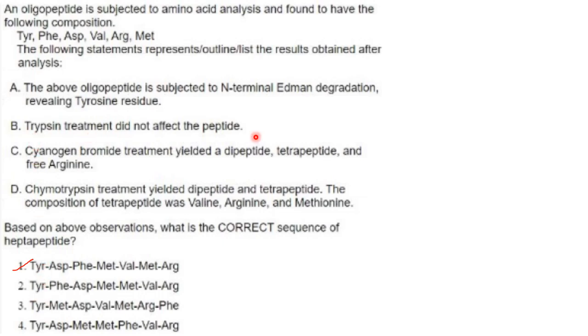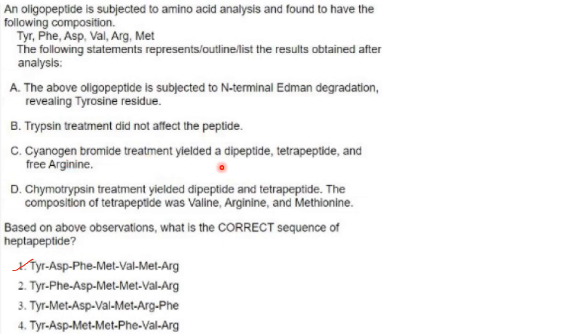Trypsin treatment did not affect the peptide. That means trypsin cleaves at the C-terminal of arginine or lysine. Here there is no lysine but arginine is present. Arginine is present at the end. Okay, 1 okay. In 2 also arginine is present at the end. So 2 is also correct. But 4 also, arginine is present at the end. So that also can be taken into consideration. But 3 we may not have to see.